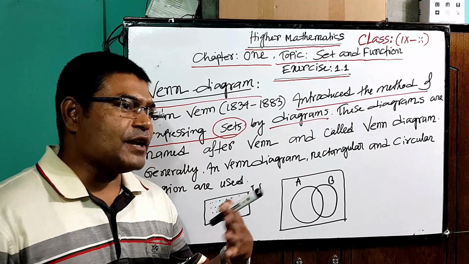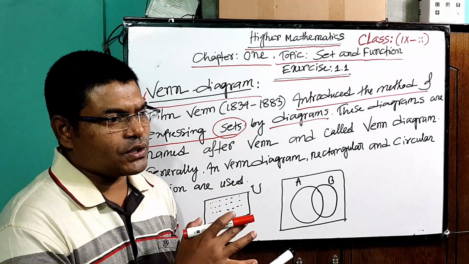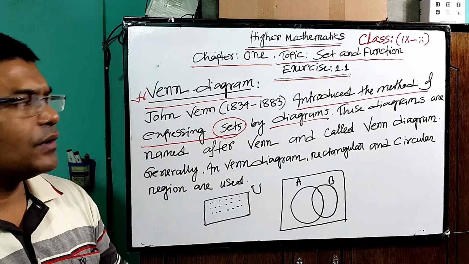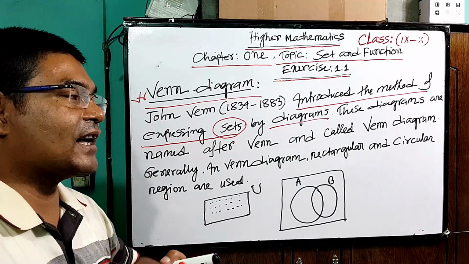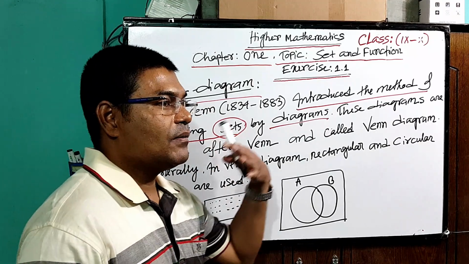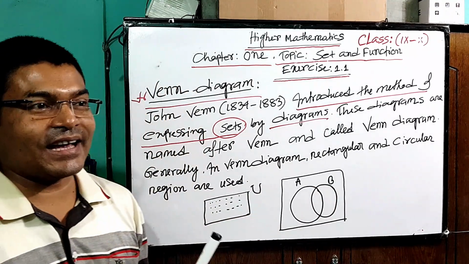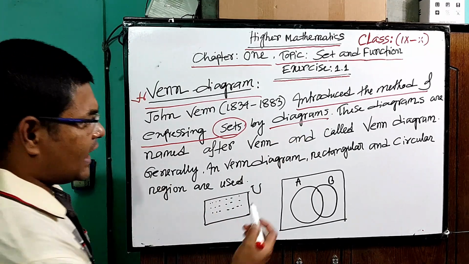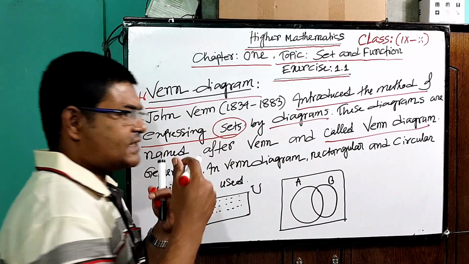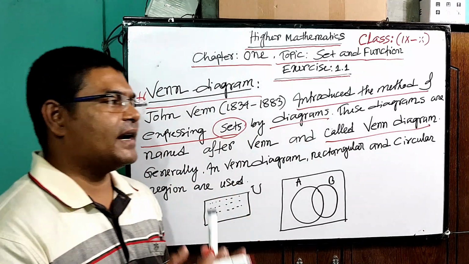George Cantor invented set, set builder method and tabular method, but John Venn invented Venn diagram. He has shown set using diagram. So this diagram is called the Venn diagram.